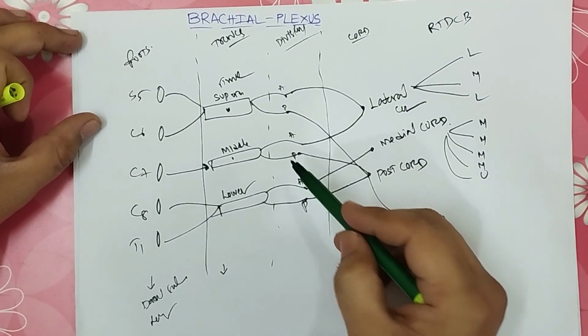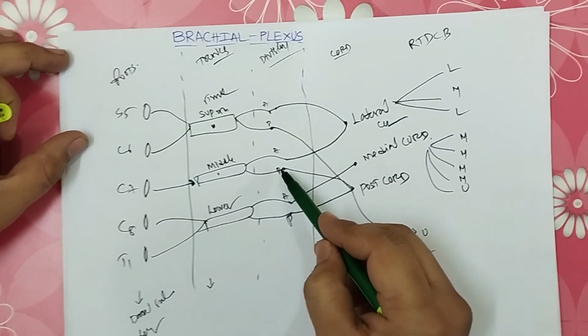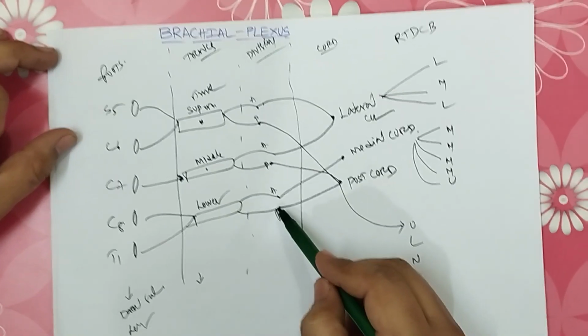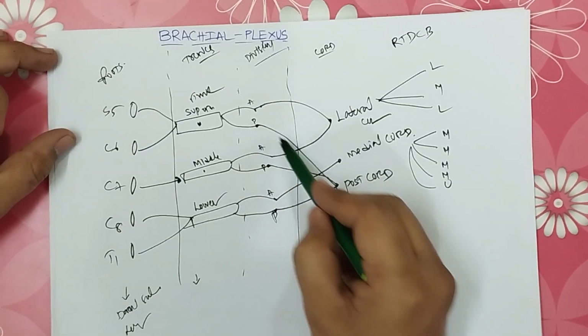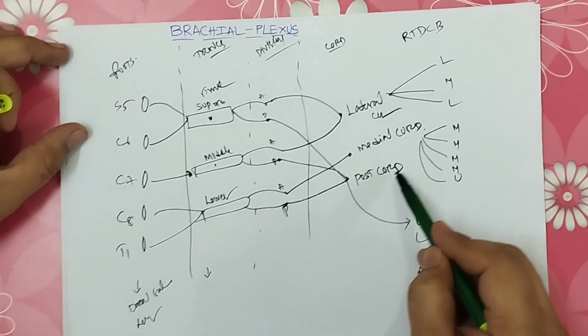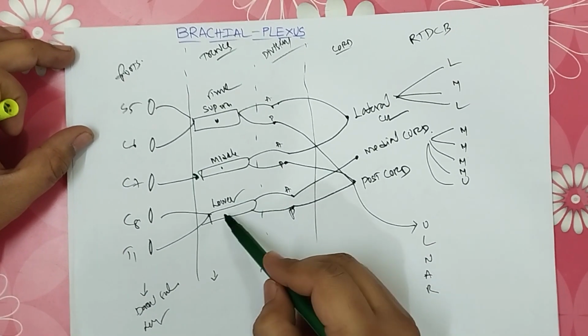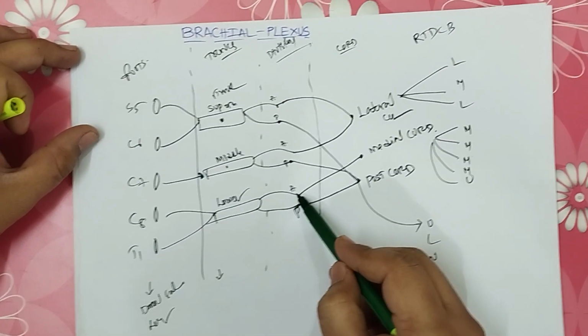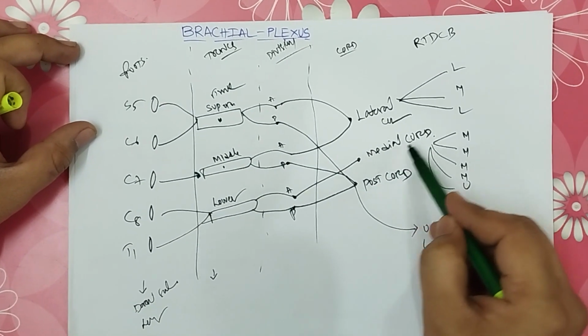All three posterior divisions unite to form the posterior cord. The anterior division of the lower trunk is left, and it alone forms the medial cord.